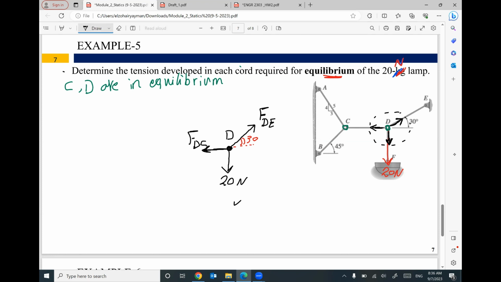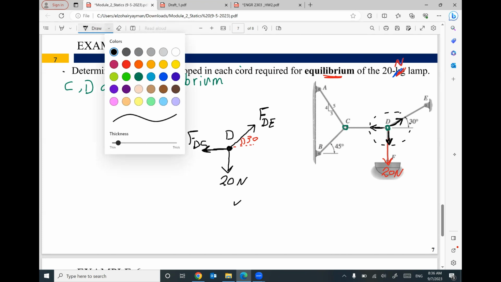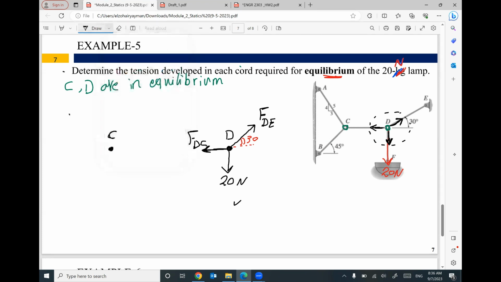Do you have any question? This is the most important step to solve your problem. Keep in your mind also, if you talk about point C, what do you have at point C? I have at point C this force in this horizontal cable FCD.